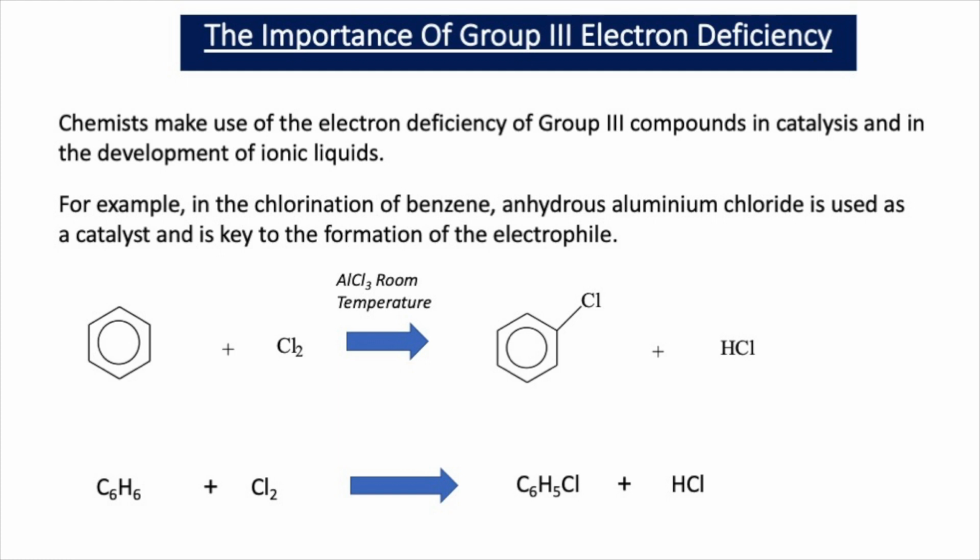The reaction here, benzene plus chlorine to form chlorobenzene and hydrogen chloride gas, is an example of an electrophilic substitution reaction, and the electrophile Cl+ is generated using aluminium chloride and its property of being electron deficient.